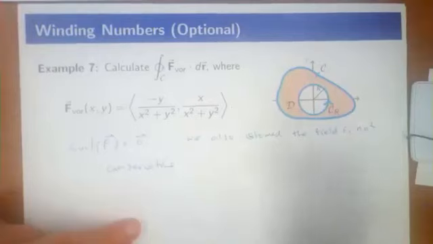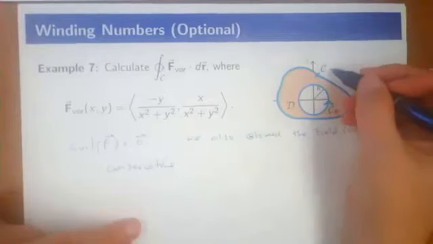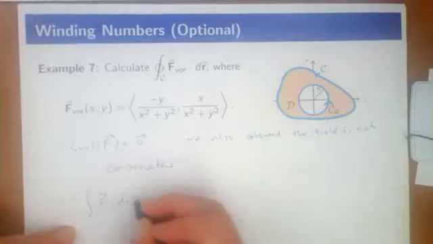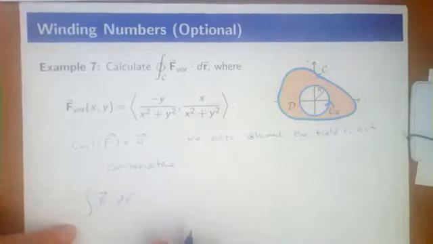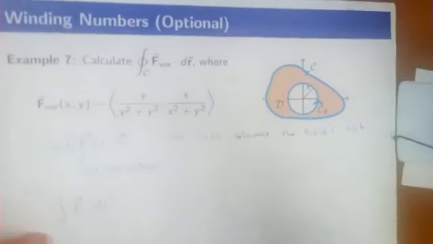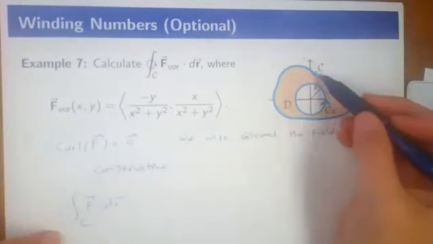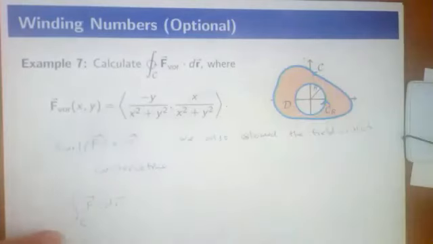So let's say I have a random curve C, and I want to find the line integral of F dot dr over C, and let's assume it's in the counterclockwise direction.